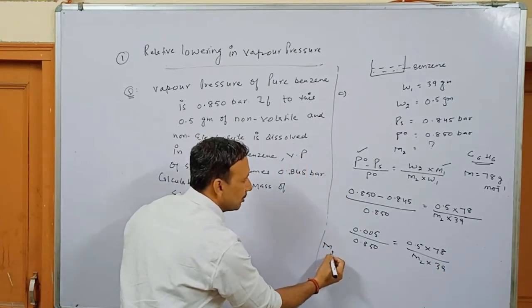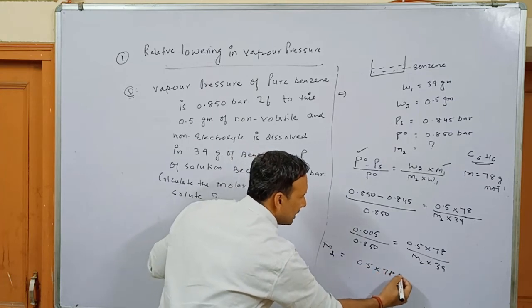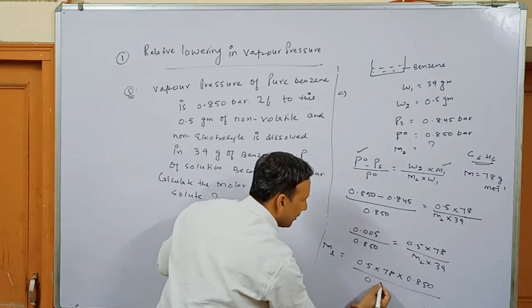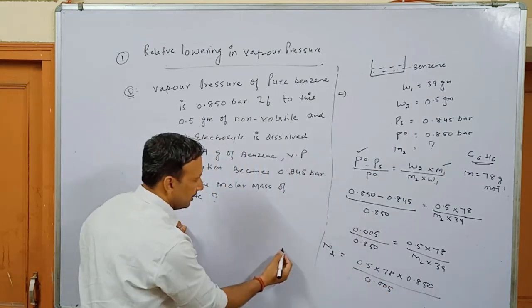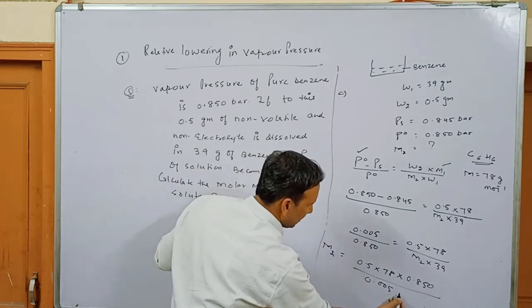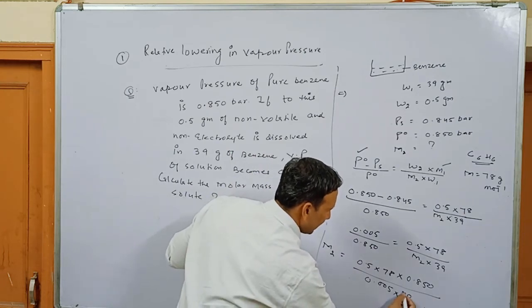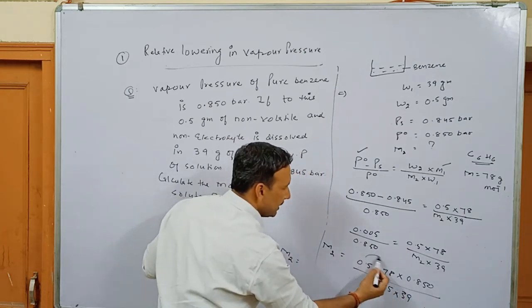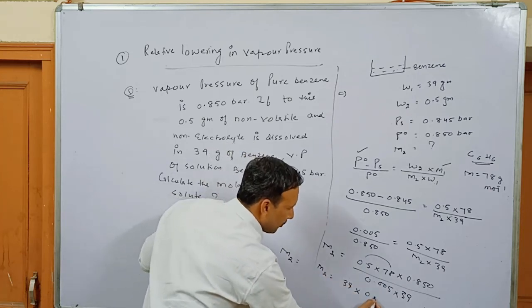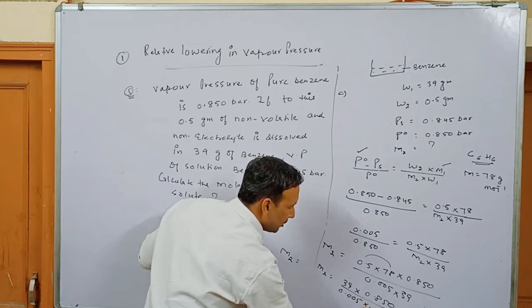So we have to calculate M2, that is equal to 0.5 into 78 into 0.850 by 0.005 into 39.